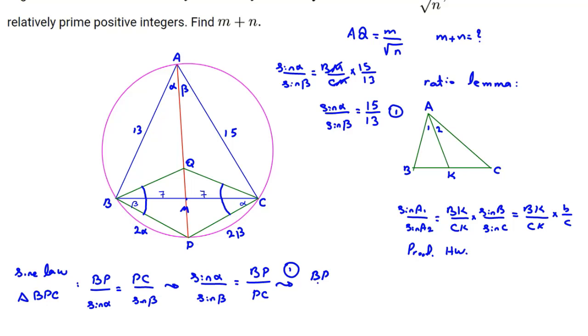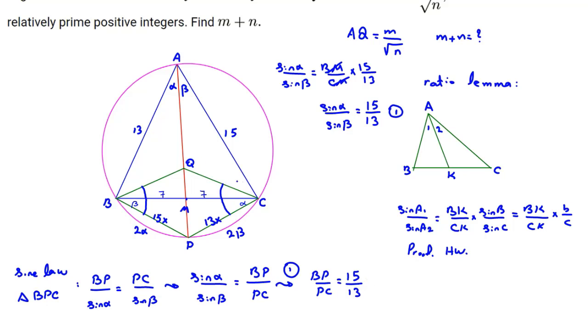So BP over PC equals 15 over 13. So we can write BP equal to 15x, PC equal to 13x, because the ratio is 15 over 13.